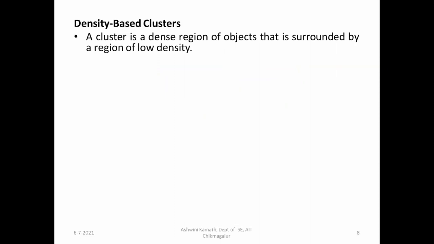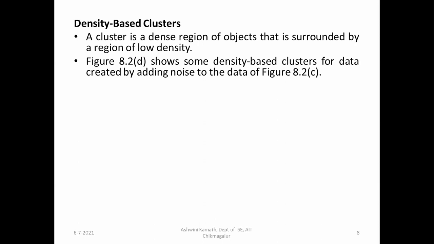So in a dense region, the points will be more. Wherever the points are more, that is called a dense region. That dense region will be formed as a cluster, and low density objects will be surrounded around this dense region. Okay, that is density based cluster.